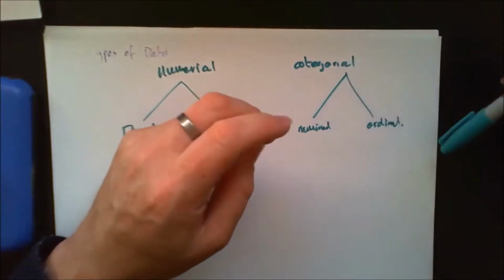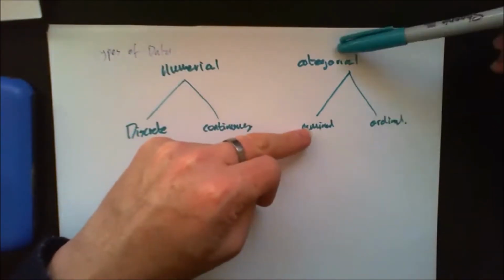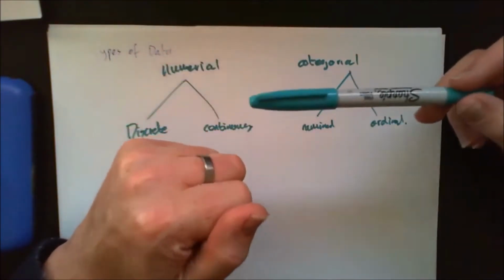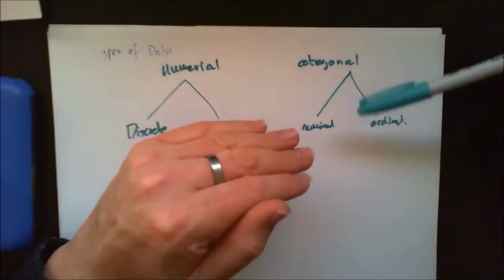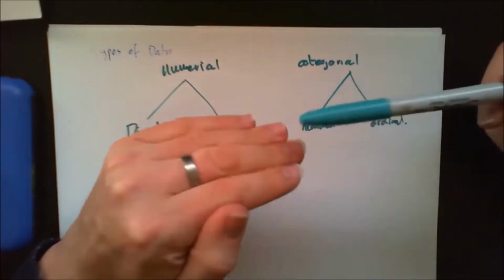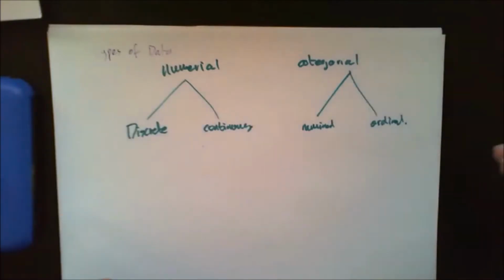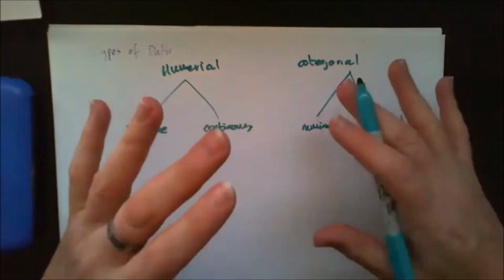The difference between nominal and ordinal is that in nominal, it doesn't make a difference what the name is. It doesn't have any more value than any other name in the data set. Ordinal does have a position in the data set, top, middle, bottom, first, second, third, last, that type of thing.